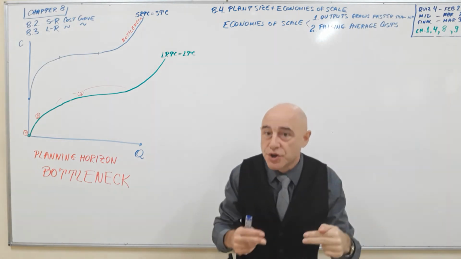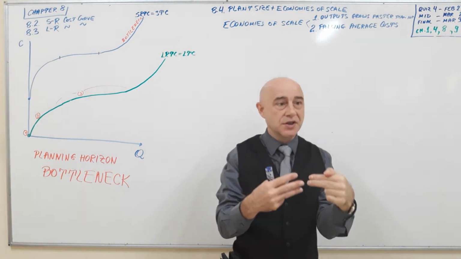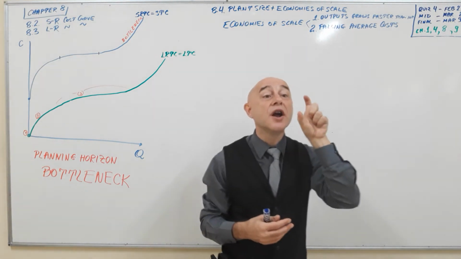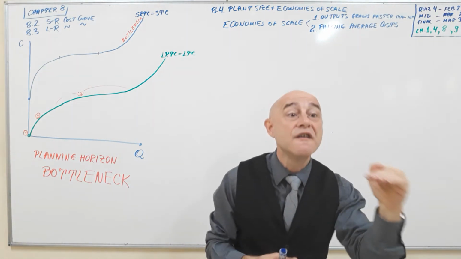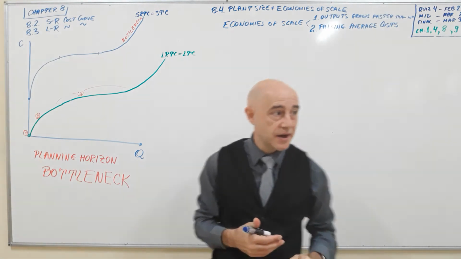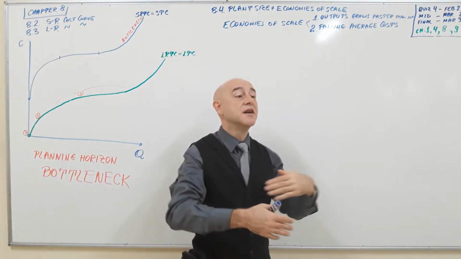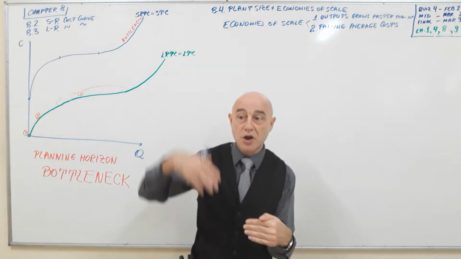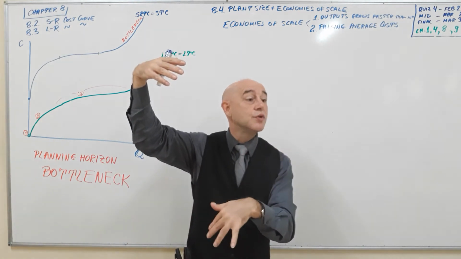For example, you increase inputs double, output will triple. Per unit cost will be falling. Okay, because the cost doubles, but the output triples, so the average cost will fall.